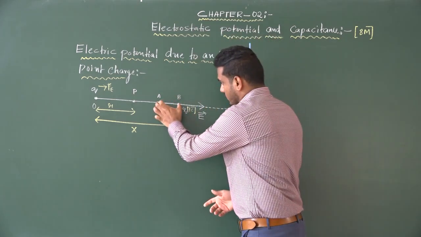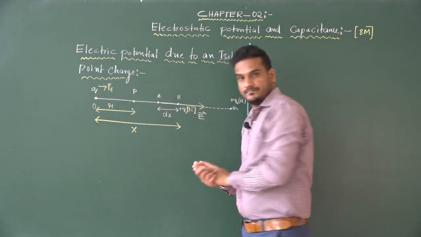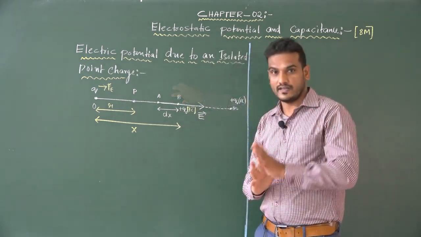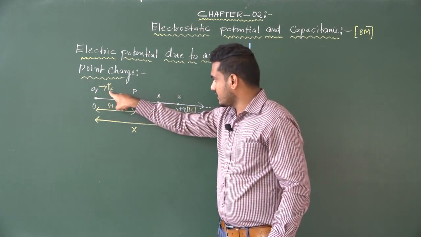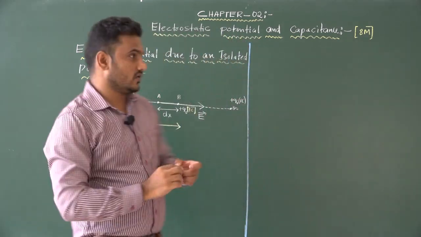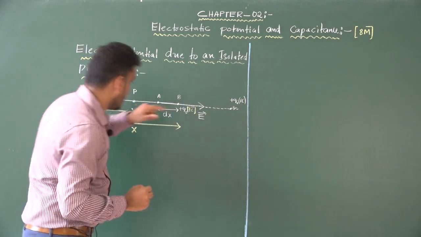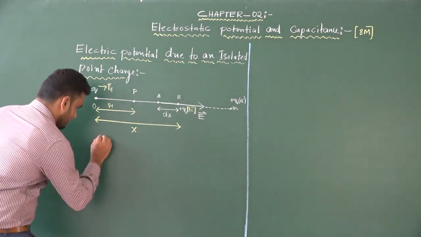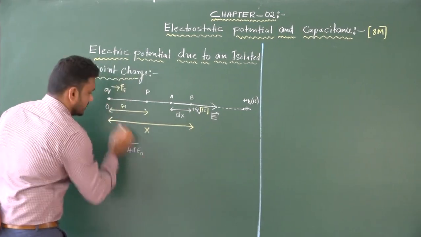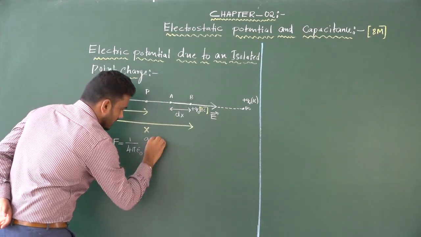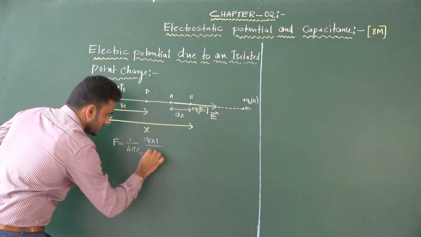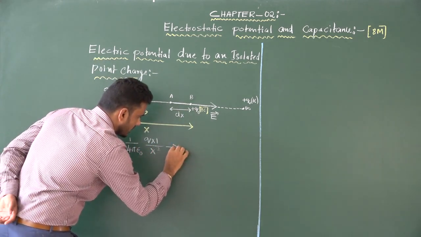So I am going to consider 2 more points in the electric field, A and B. I am going to place a unit positive charge q0 at point B. Then according to Coulomb's law, the magnitude of the electrostatic force acting on q0, which is placed at point B, is given by F equals 1 over 4 pi epsilon naught, times Q into 1 coulomb of charge, that is 1, divided by x squared, where x is the distance between the point charge and the unit positive charge. Equation number 1.